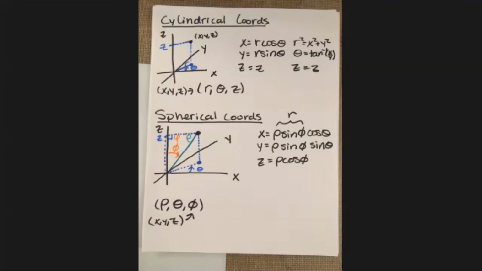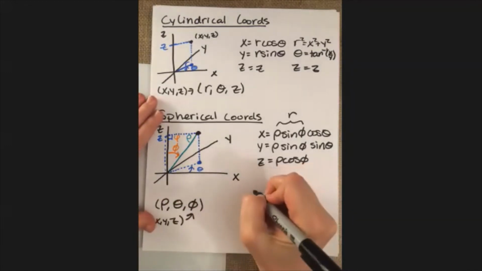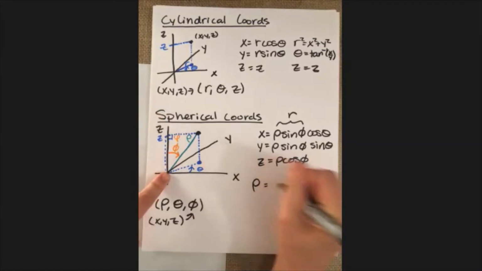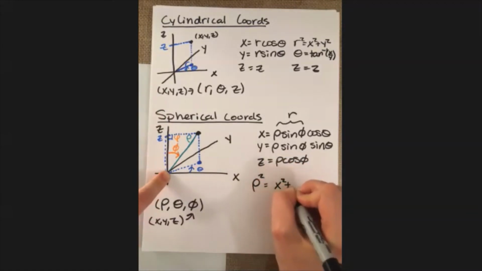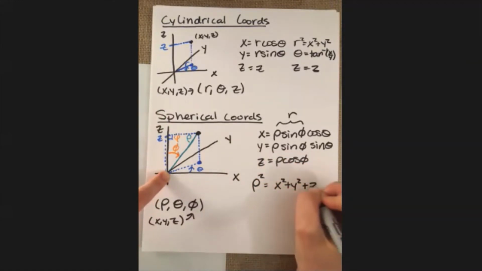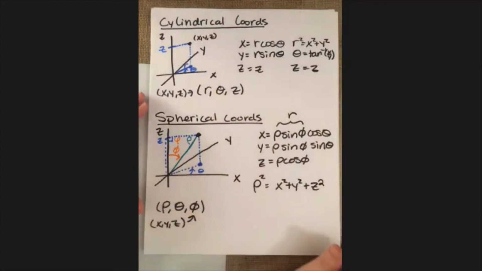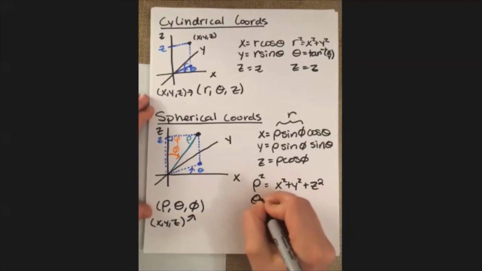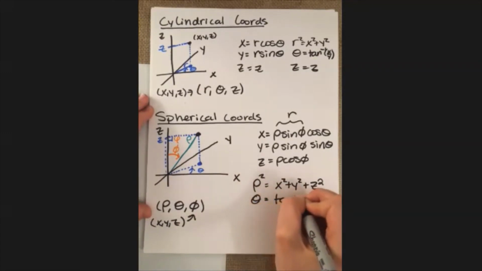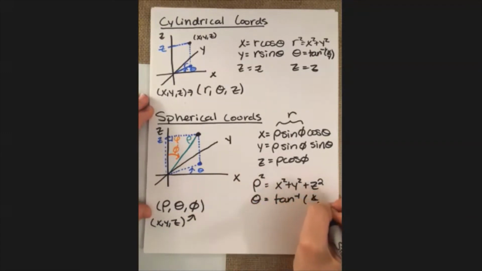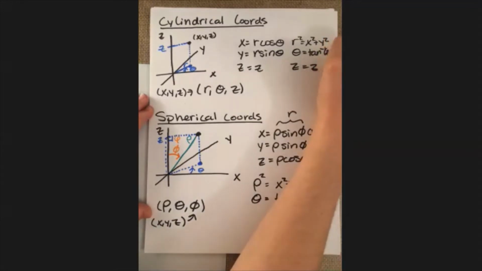And if we want to actually get the spherical coordinates, I guess you say that rho squared is equal to x squared plus y squared plus z squared, because it's really just the hypotenuse of all of the x, y, z information put together. Theta is still just equal to inverse tangent of, I keep putting x over y, it should be y over x.